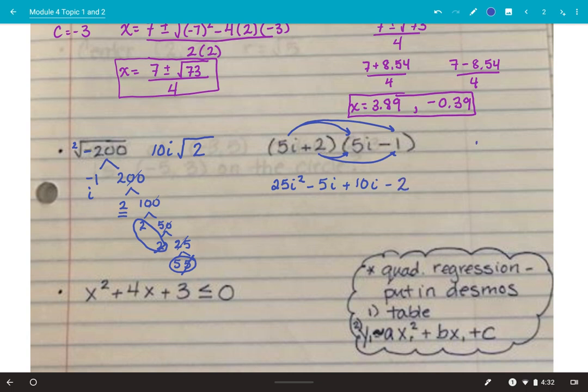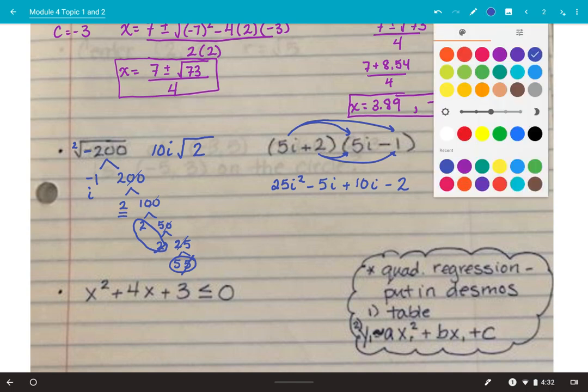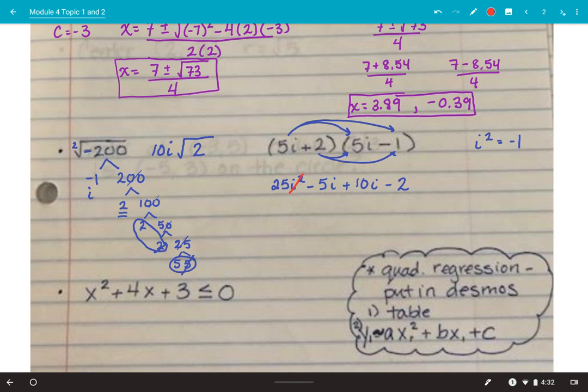Now, just remember that i squared is equal to negative 1. So what I like to do is just cross off that i squared and put a negative in front. Just change its sign, that's it. And so now we have negative 25 minus 2, and then combine whatever you have left, negative 5i plus 10i, and you get your answer.